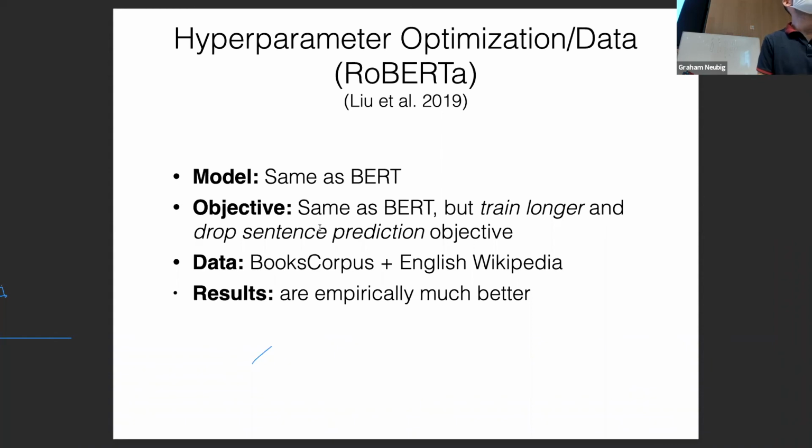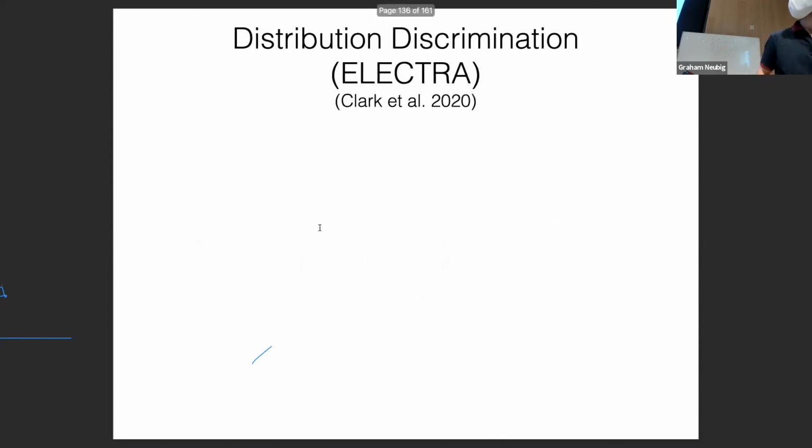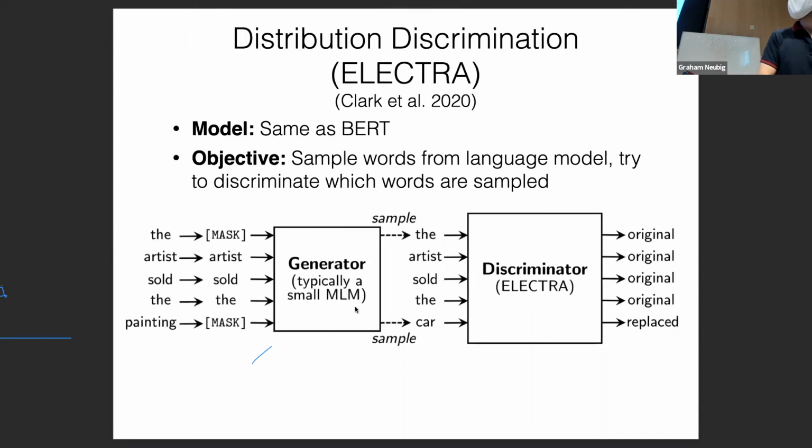There's also a lot of other new methods that have come out as well. I'm going to present a few interesting examples. For example, ELECTRA. The idea here is that instead of training a model to do masked language modeling, you're training a model to discriminate between fake generated text and actual, original text.